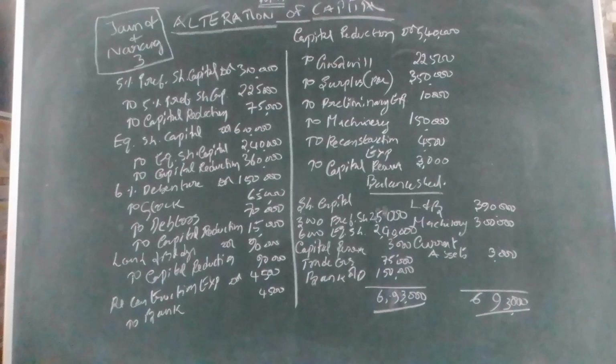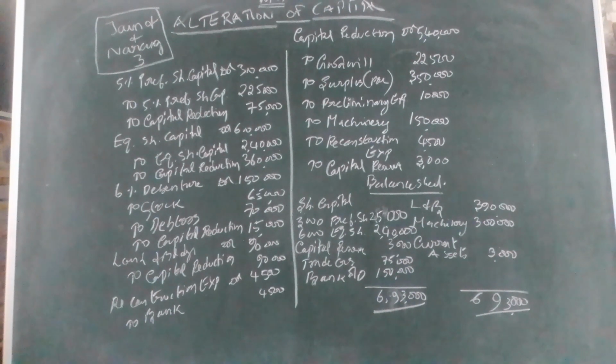The next one is adjustment of assets against the capital reduction. We are given in the scheme that fictitious and intangible assets are eliminated. That means debit capital reduction. What are all the assets to be eliminated given in the old balance sheet? Goodwill, surplus, preliminary expenses, machinery, reconstruction expenses.